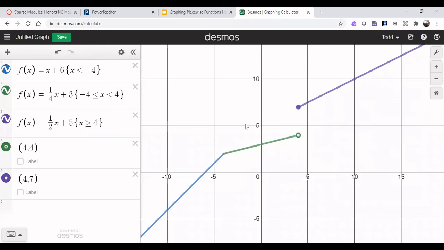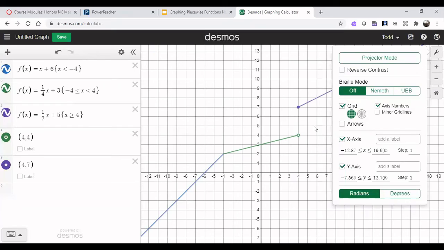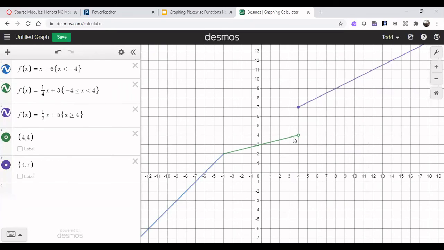You don't see all the numbers, so that's a little bit trickier. But you can see open and closed. So what is the value of this function at 4? The value would be the closed circle at 7, not the open circle. So if I ask you what is f of 4, 7.